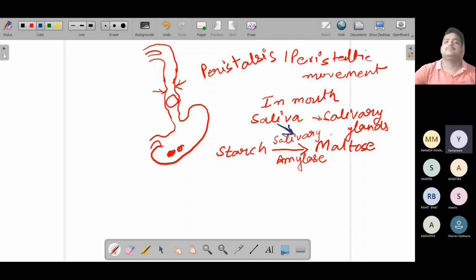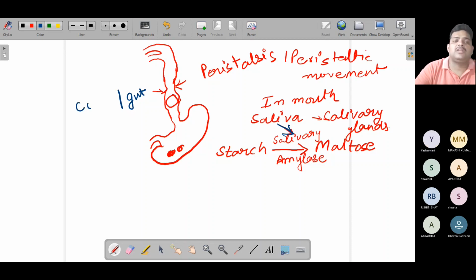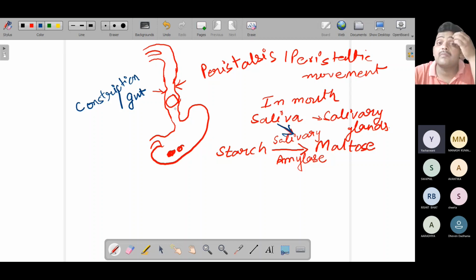Sir, in the food pipe you told us there is a small bulge. What is it called? This is called gut movement, or constriction. There is no name for this gut itself.